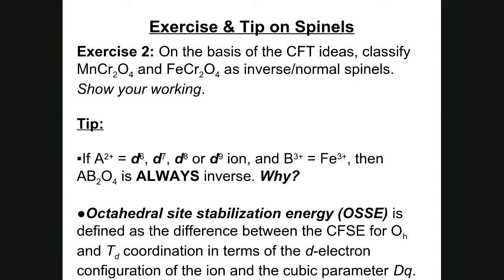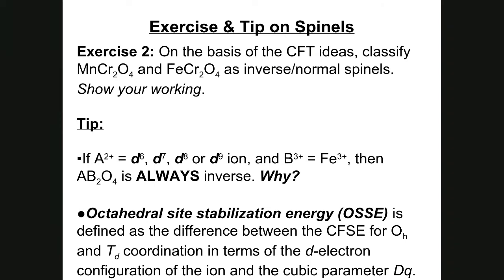And the tip here is that if you've got a tetrahedrally coordinated metal ion being a d6 up to d9 ion, and the 3+ oxidation site in your octahedron being Fe3+, then the spinel is always inverse. I'm not sure if many of you will be able to explain why, but you can understand that and answer this question by considering Fe3+: what do you have on Fe3+?